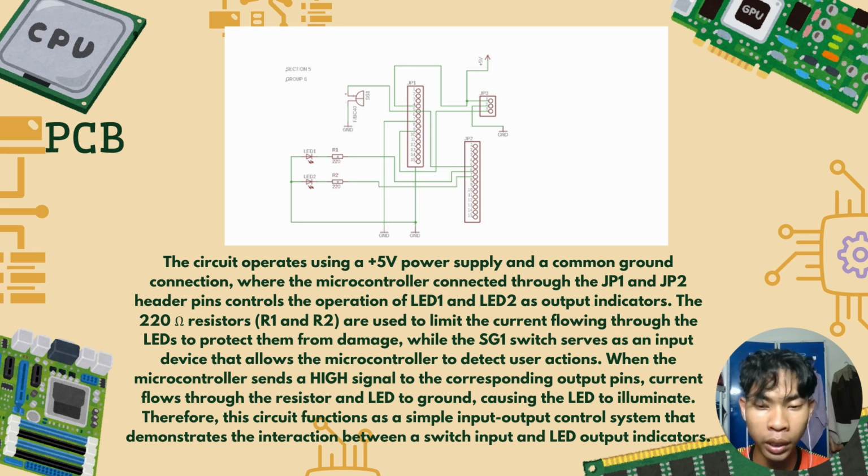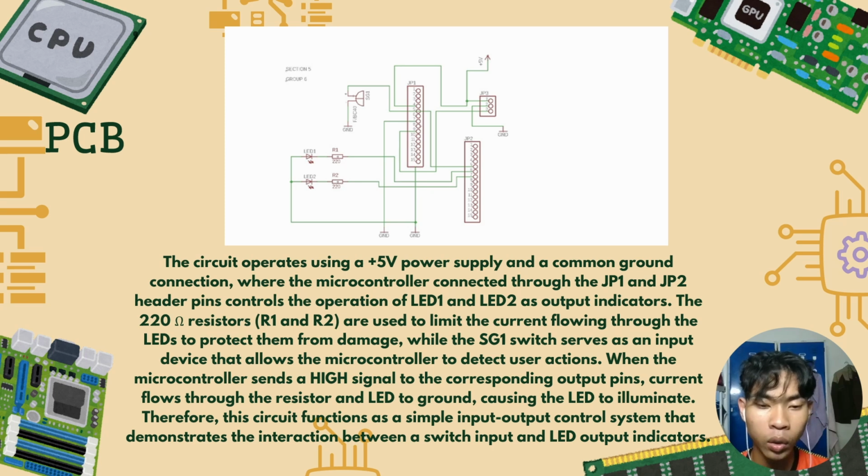LED2 as output indicators. I take the 220 ohm resistor for my R1 resistor. I use it to limit the current flowing to the LED. One switch serves as an input device to toggle and let the microcontroller detect user activity.